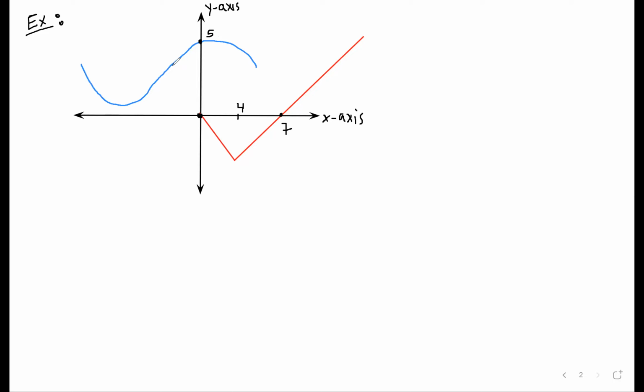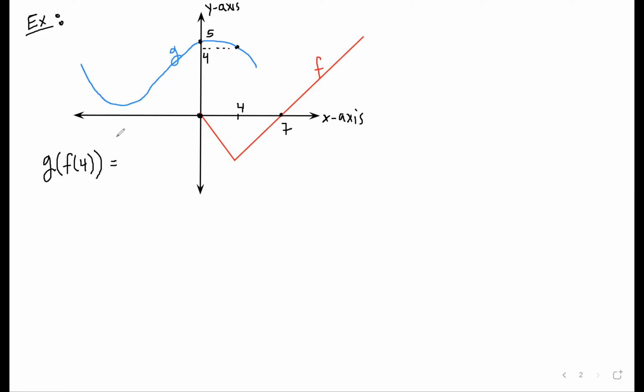The question is find g. The blue one is the g function, and the red one is the f function. So the question is, if the value is 4, find g of f of 4.